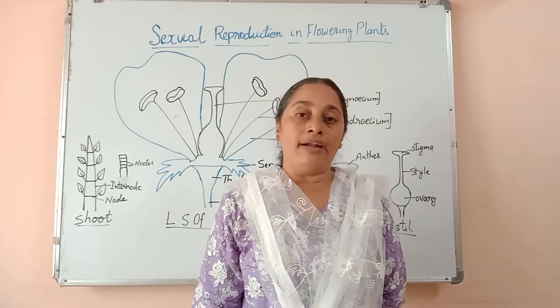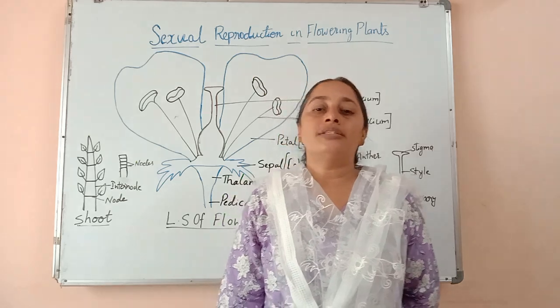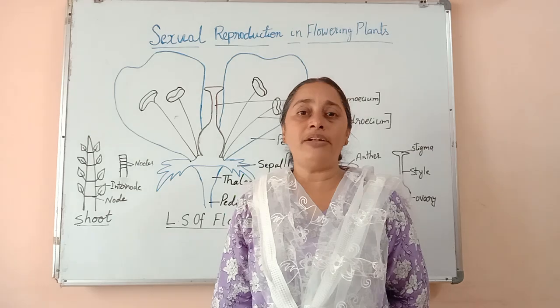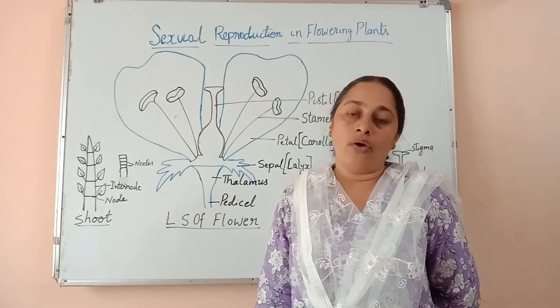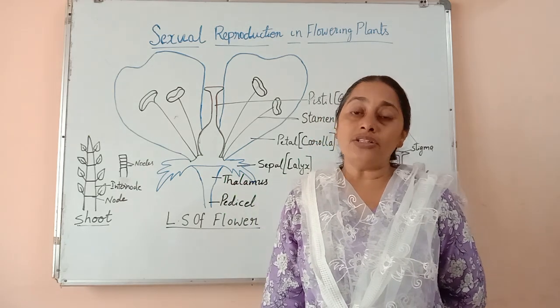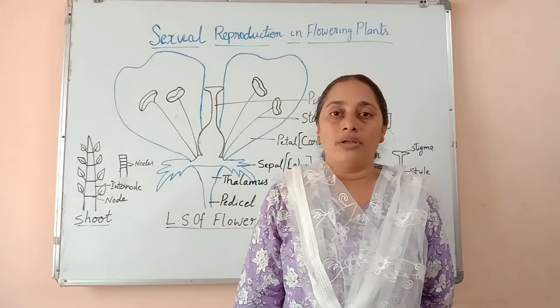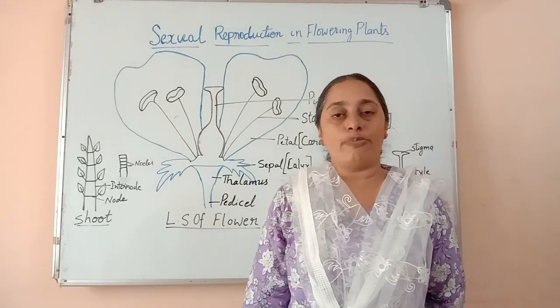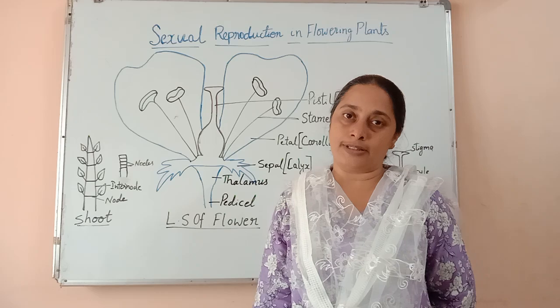Similarly, the third and the most advanced type is sexual reproduction, where we see the involvement of two parents. One is the male parent, another one is the female parent. The parents are going to produce sex cells, male and female sex cells, in their respective reproductive organs.